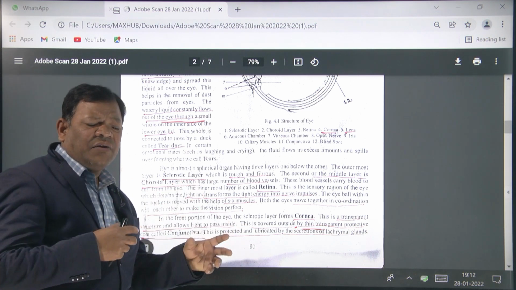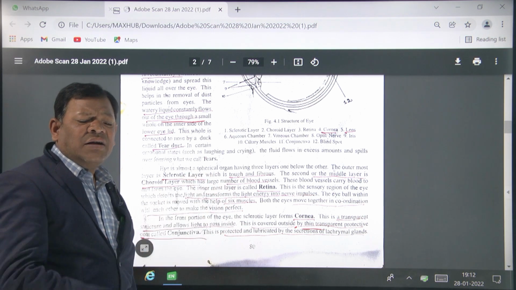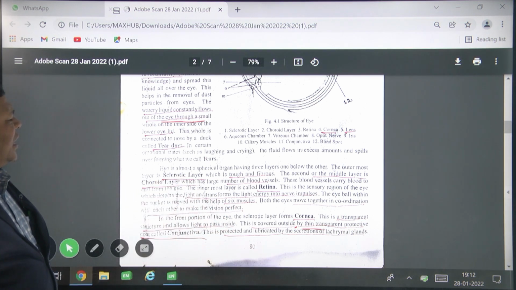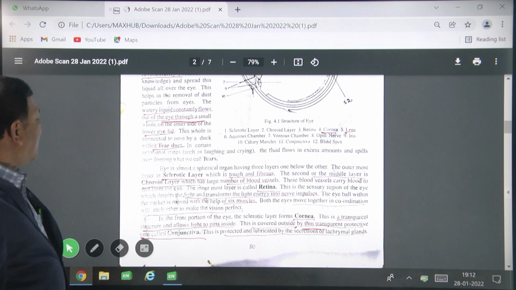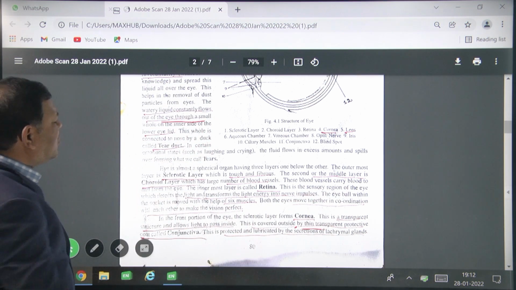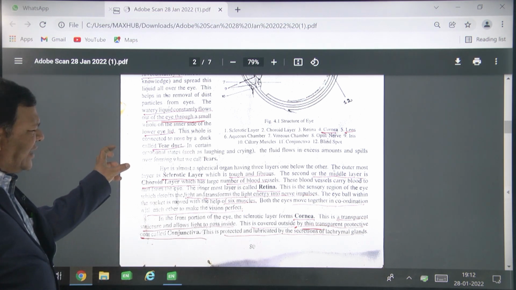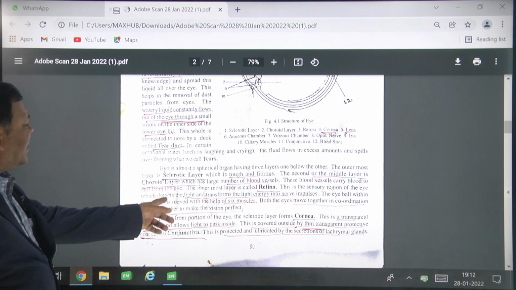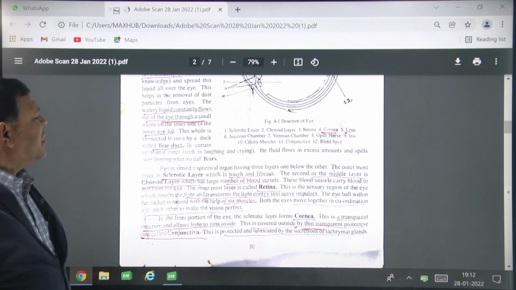Blood is collected from the eyes through the choroid layer, and waste, deoxygenated blood is sent outside through it. These blood vessels carry blood from the eye. The innermost layer is called the retina. The third layer is the retina. The retina is the sensory region of the eye, which detects light and transforms the light energy into nerve impulses.